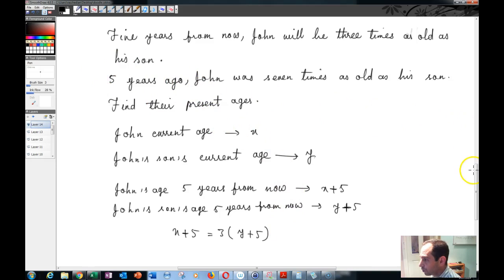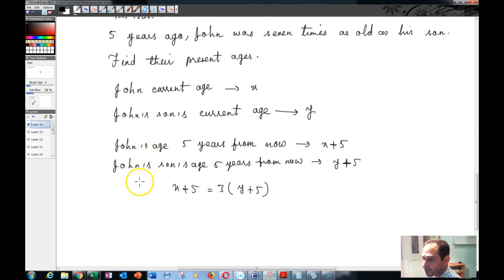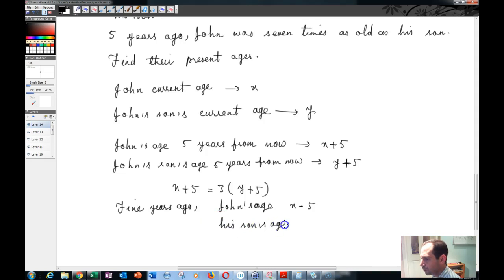And 5 years ago, John's age was, if his current age is X, so that was basically X minus 5, and his son's age was Y minus 5. Okay.